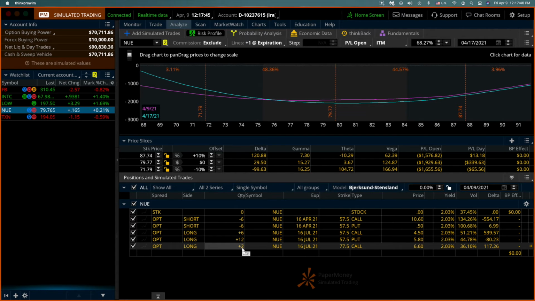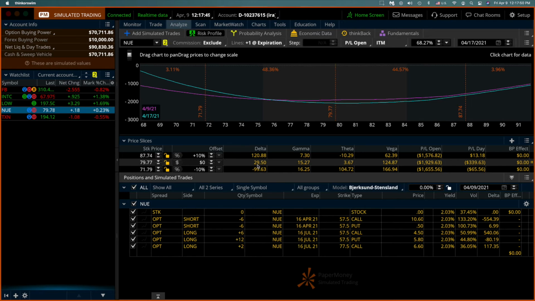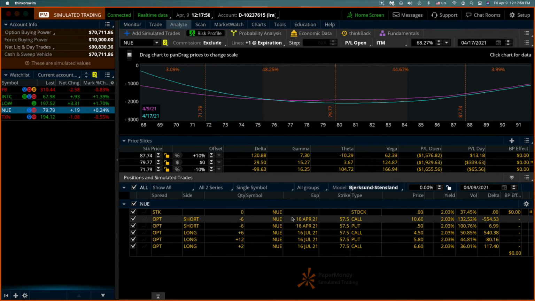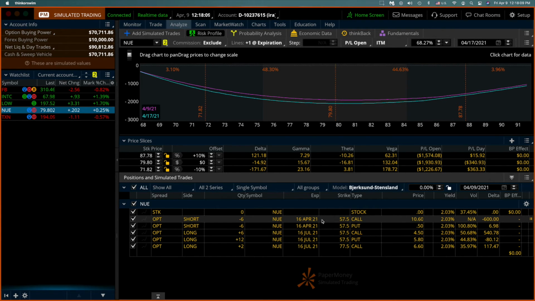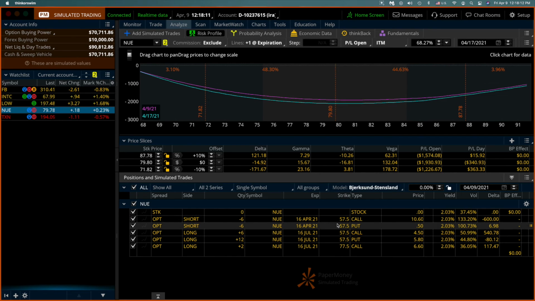So I already did my roll up, as you can see now. My delta's been 29.50. That sounds pretty good. I don't care if the stock goes strongly lower or strongly higher, do I? What I do care about is this call here with 1 week to go. We can take care of that next week. There's no hurry because we're so out of the money.